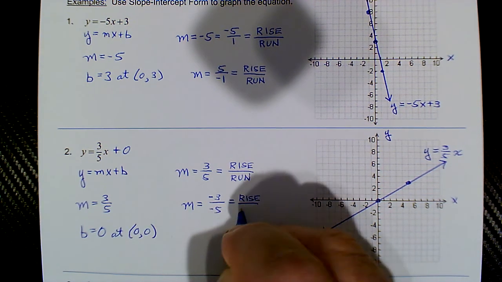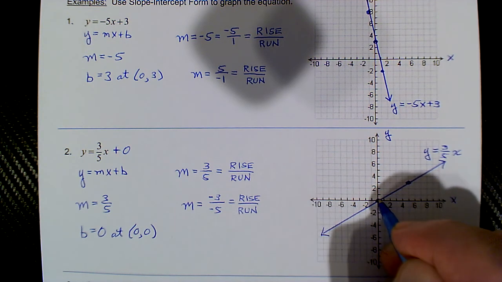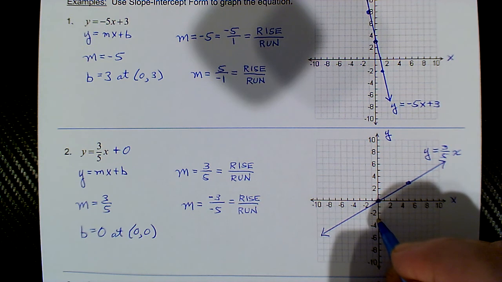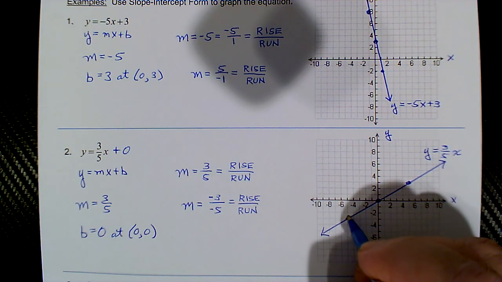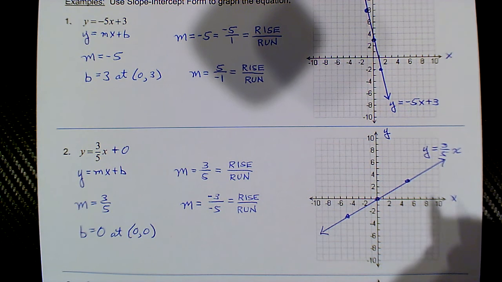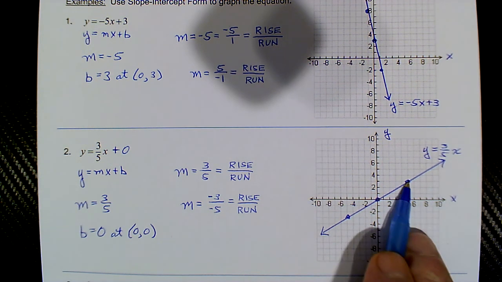And so from that point, you could rise negative 3, which means to move down 3, and then run negative 5, which means to move to the left 5. So 1, 2, 3, 4, and 5, and you can see that's another point on the line. Okay, and you can get more if you want. You could actually move from this point, rise 3, and run 5, and you'll be over here.